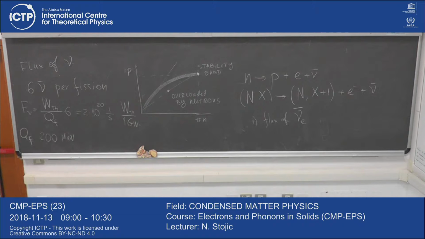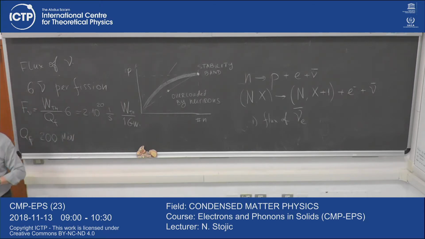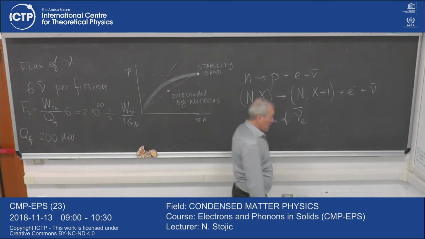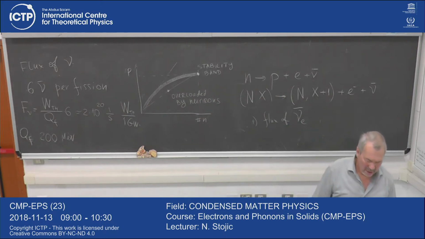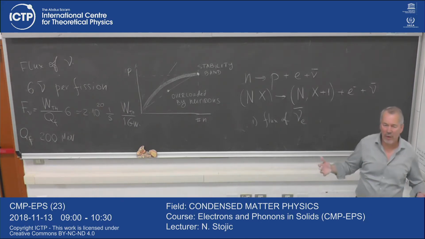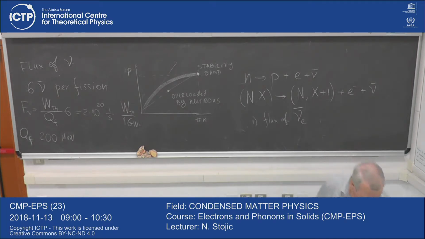So if I have a reactor with a power of, say, 1 gigawatt, then it produces a total flux of 10 to the 20 neutrinos per second, times 6. And these days there is not just a single atomic reactor, but usually a system of several atomic reactors, so the power can easily be, say, 15 gigawatts.